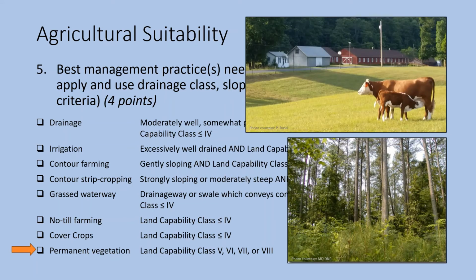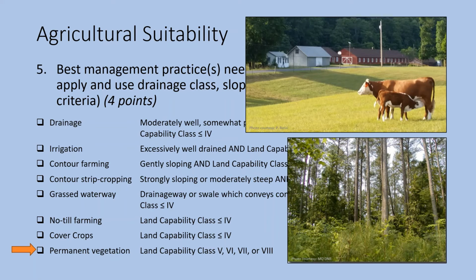The last practice we'll consider is permanent vegetation. And this practice is used for sites that have a land capability class of 5, 6, 7, or 8. So remember, at these higher land capability classes, the site could be steep. There might be a lot of rocks, and it's not well suited for row crop agriculture. It's really best that on these sites we have permanent vegetation.